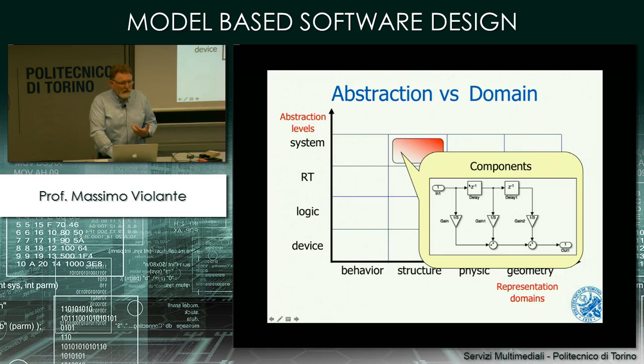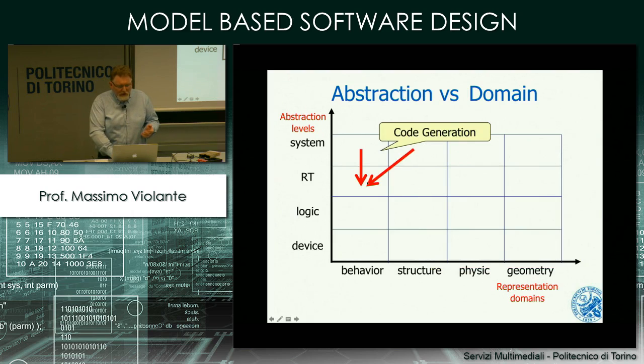These are complex operators that you can put together, you can simulate, and then you can translate into code by obtaining a C code that is a behavioral representation of the structure that we have just seen. This is done automatically through the transformation rules. And this is a representation of code generation.